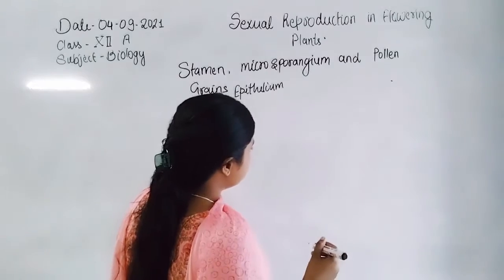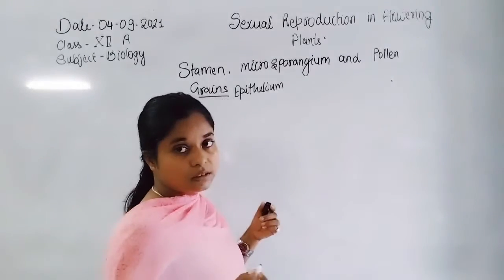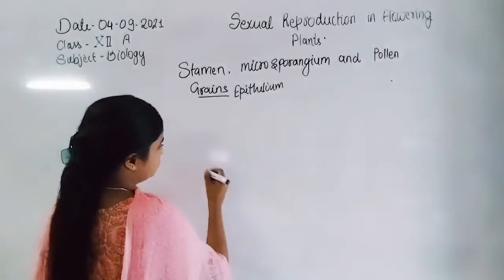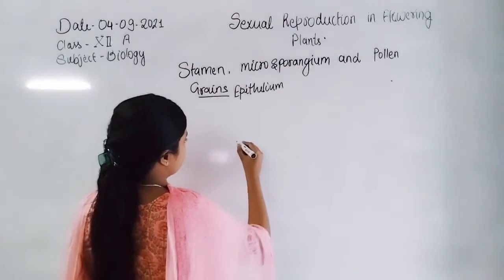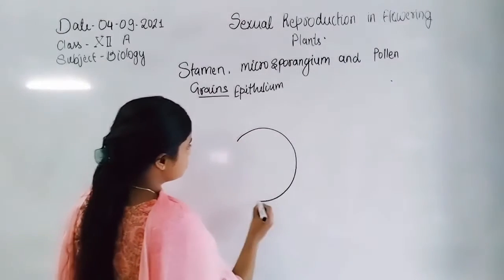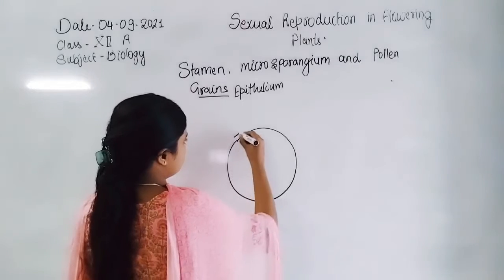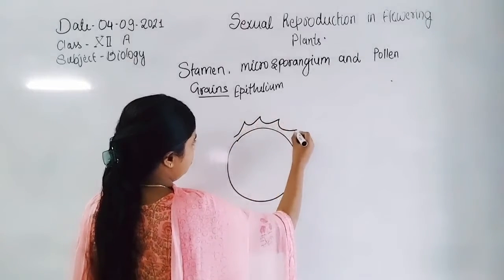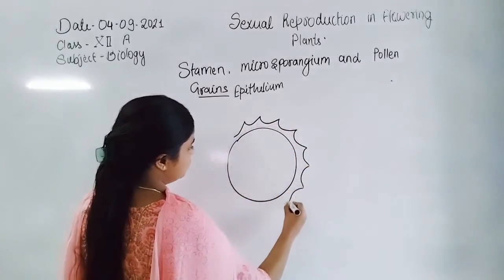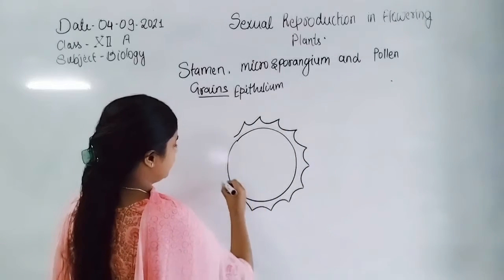The pollen grain is formed by two membranes, exine and intine.